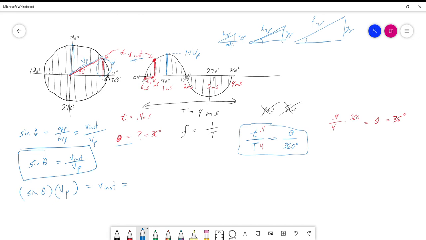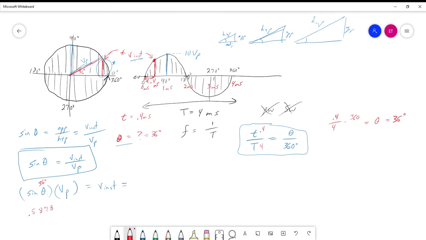So I took the sine of 36 degrees, and the number the calculator gives me is 0.5878. I'll round it to 4 sig figs, maybe 0.5878.